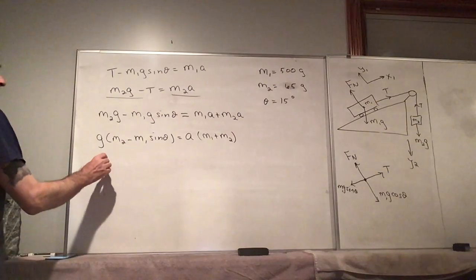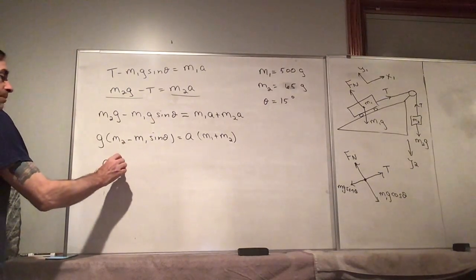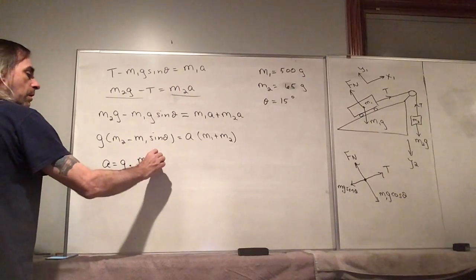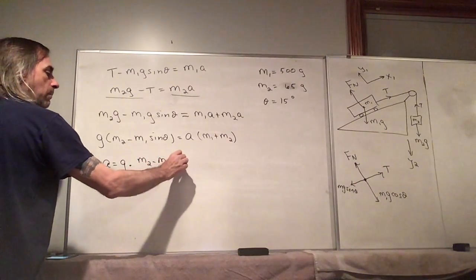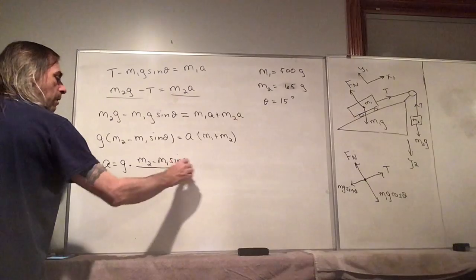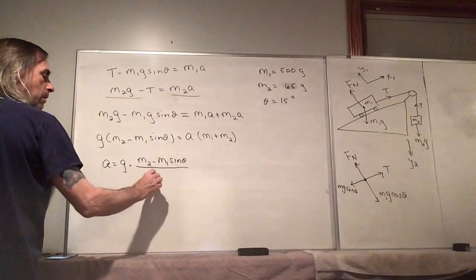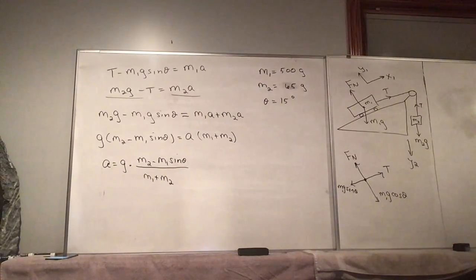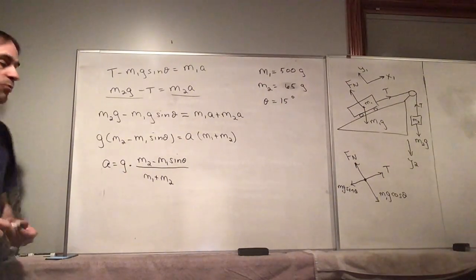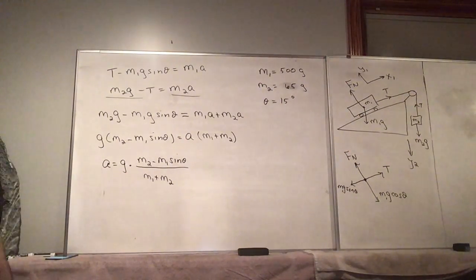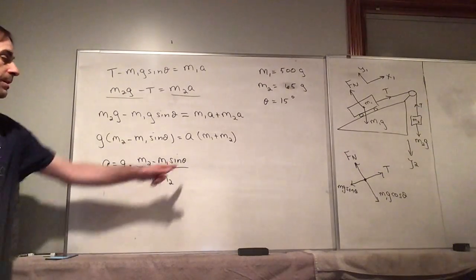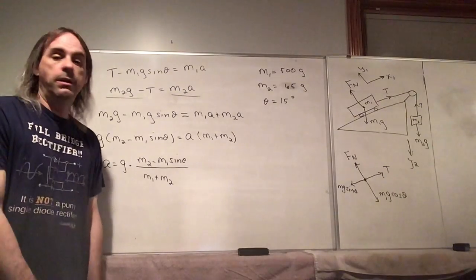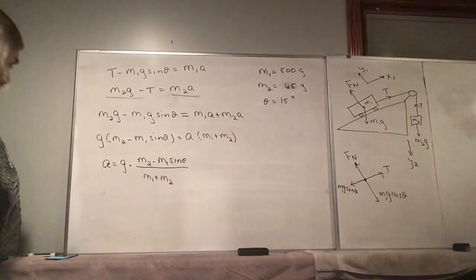And to solve for the acceleration, I'm going to write it in a particular way. And I like writing it in this form because we have 2 factors now. One is g, and the other just involves masses. Sine of theta, that's just a number, like sine of 15 degrees. You can plug that in and get a number.